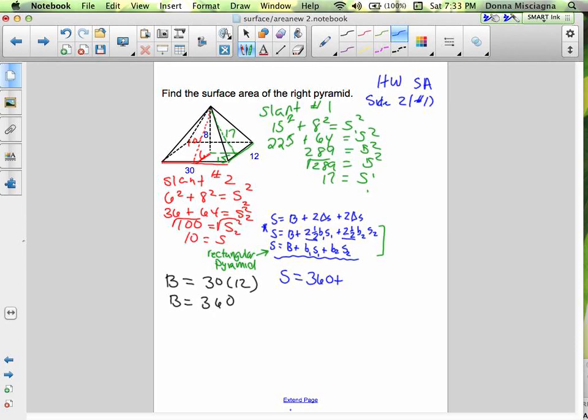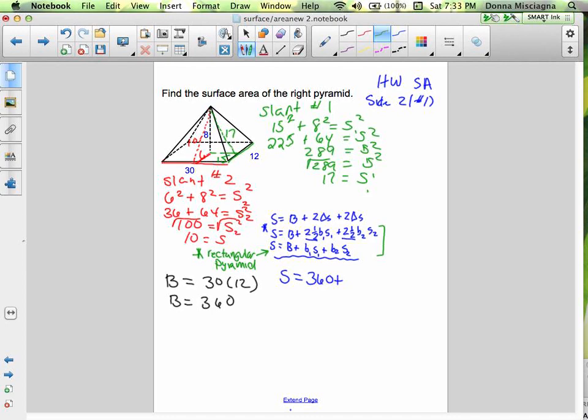So I want that in your notes. I want you to understand where it comes from. But there's two of them, and 2 times 1/2 is 1. So our final formula is at the bottom here for the rectangular pyramid. This is what we're going to use when you have a rectangular pyramid. New formula, right? So S is equal to, I want you to write all three things down so you understand where this formula comes from.